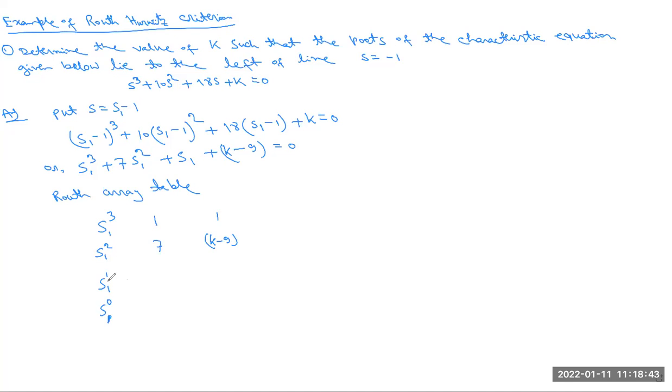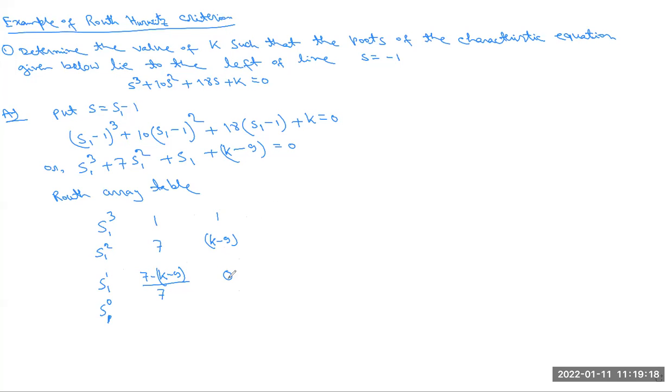Next we understand how S1 to the power 1 is calculated. It is (7 into 1 minus 1 into (K minus 9)) divided by 7, so the value is (7 minus (K minus 9)) by 7, and the other position is 0, because it is blank, that is 0.